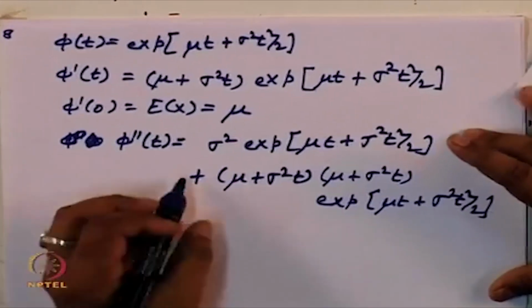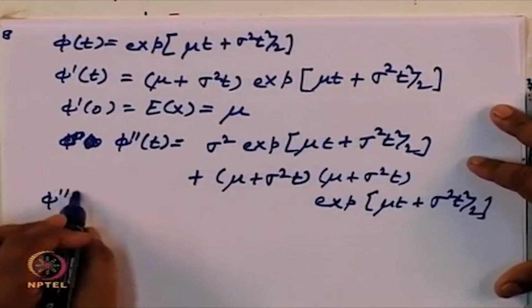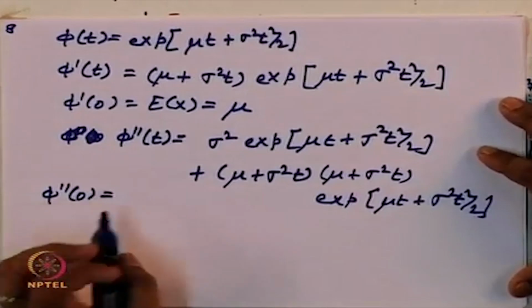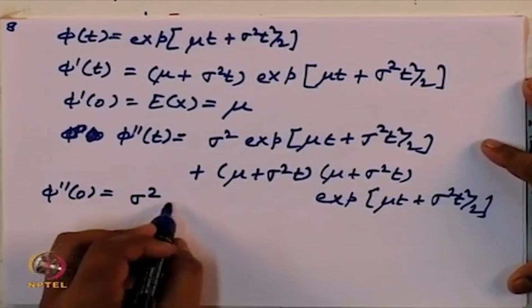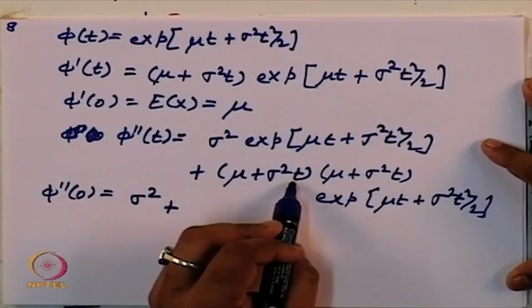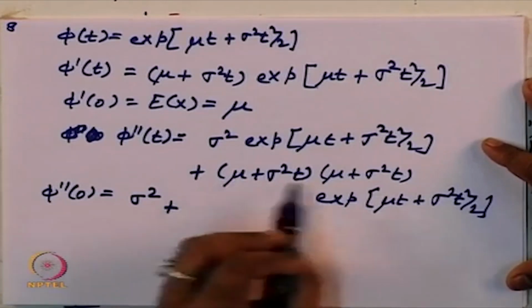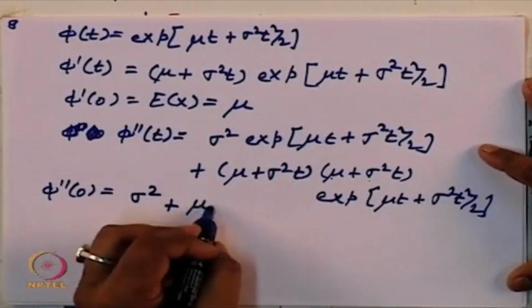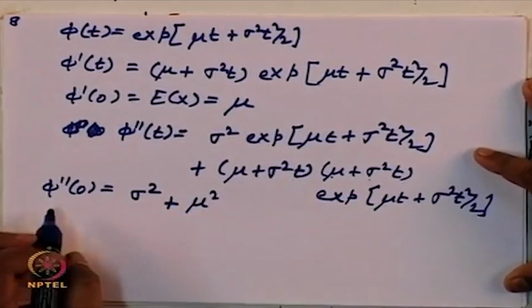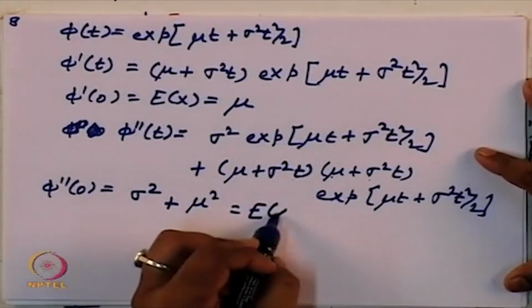So phi double prime of 0 will give me a value of sigma square, plus, with t equal to 0 you only get a value of mu here, here also you get a value of mu, and this whole thing is 1. So you get a value of sigma square plus mu square. So this is nothing but e of x square.